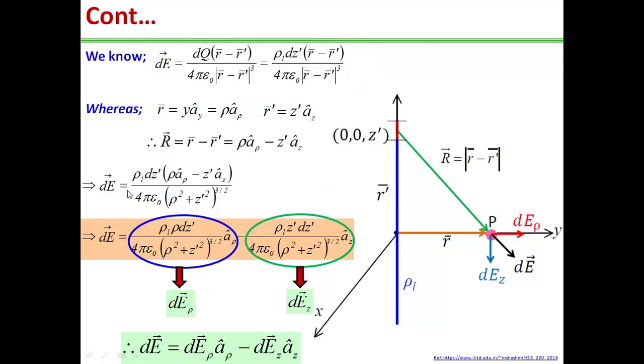After putting the value of r minus r' in the above equation, we will find the incremental electric field as rho L dz' (rho a rho minus z' az) divided by 4 pi epsilon naught (rho square plus z' square) to the power 3 by 2.